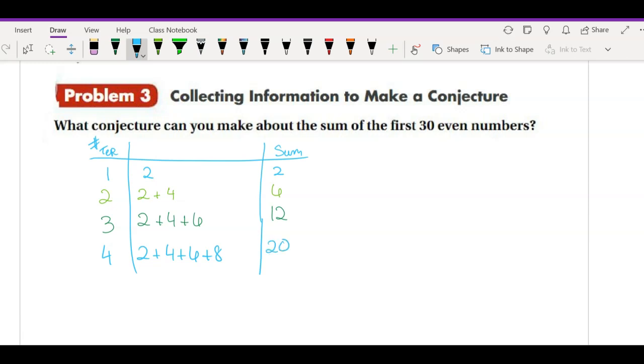So you might be seeing a pattern now, but just in case you're not, we can do 5, which is 2 plus 4 plus 6 plus 8 plus 10. This one is going to be 30 when we add all of those up.